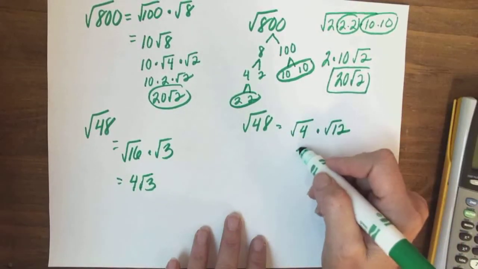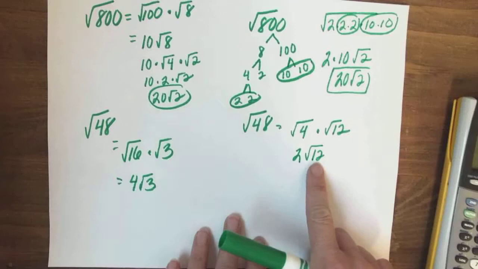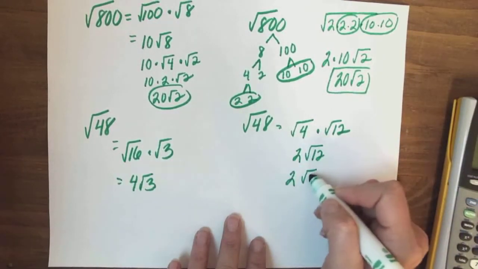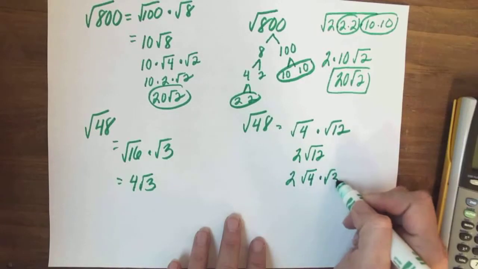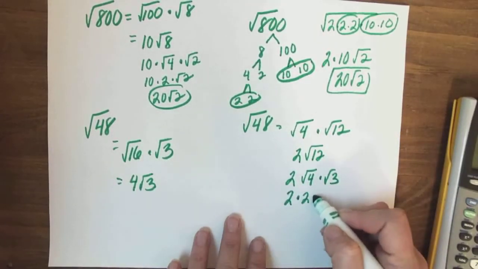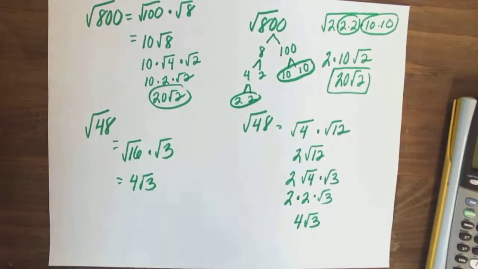Square root of 4 is 2. You can break the 12. Just make sure you carry that 2 along into square root of 4 times the square root of 3. Square root of 4 is 2. So I'm still going to get 4 square root 3. However, it just takes a little bit longer.